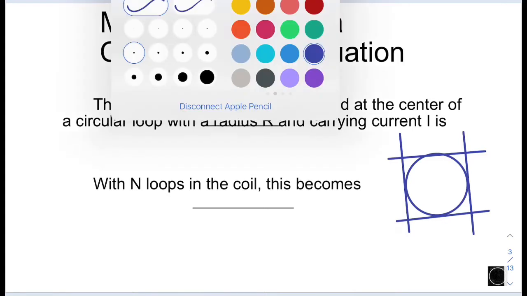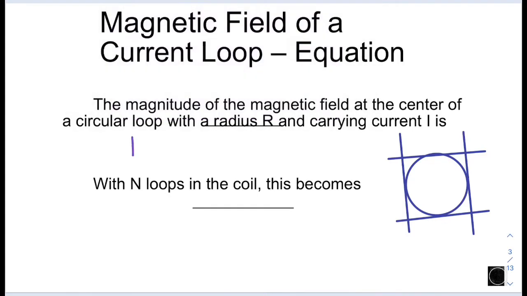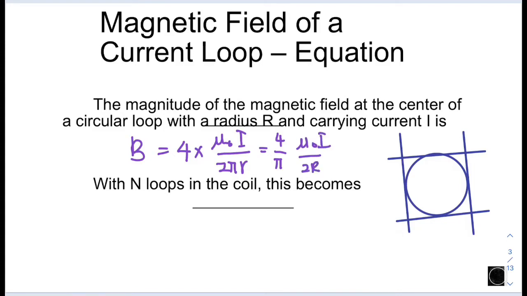Therefore, the formula for B at the center of the loop is equivalent to 4 times mu naught I over 2 pi r for one single conductor, where it's equivalent to 4 over pi, times mu naught I over 2r, which is equivalent to 1.27 mu naught I over 2r.